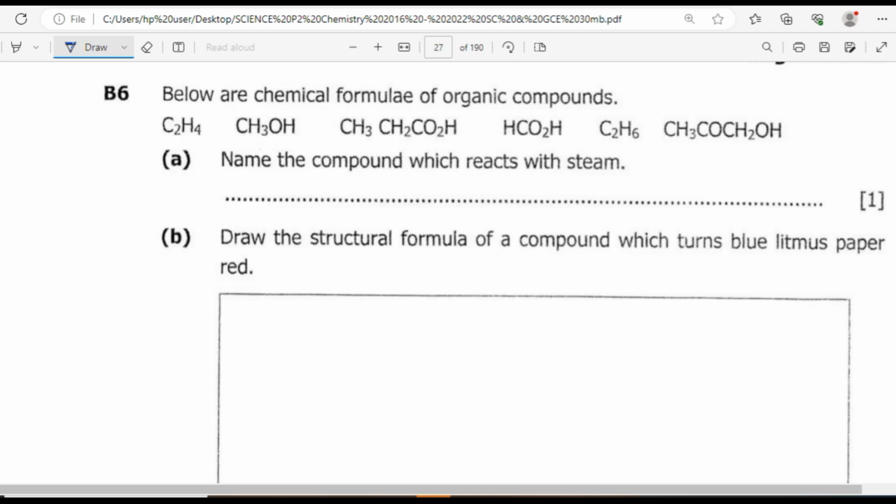The compounds that can react with steam are alkenes, because we are dealing with hydration here, the addition of water to form an alcohol. So we need to choose the one that has a double bond.